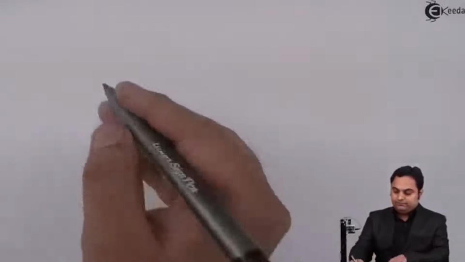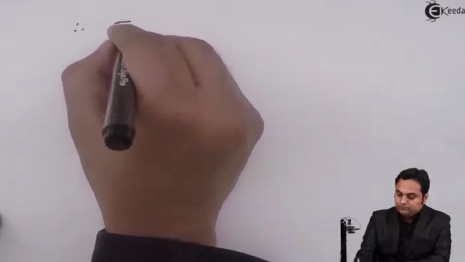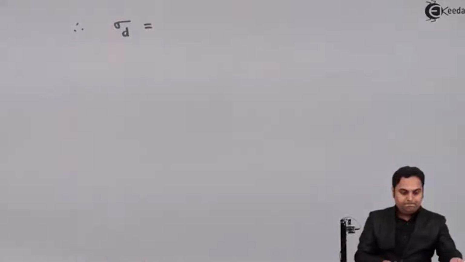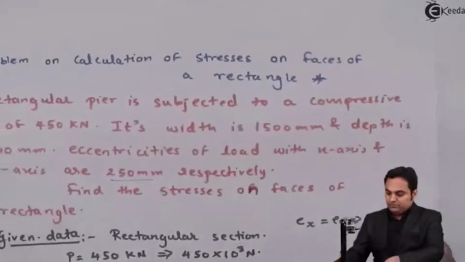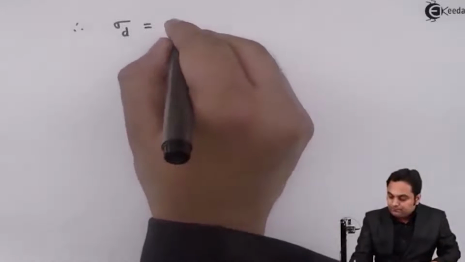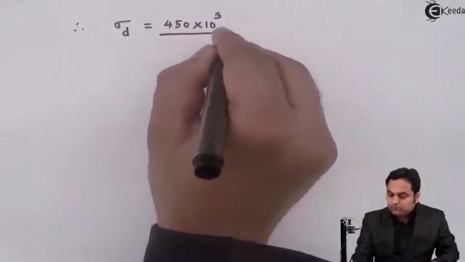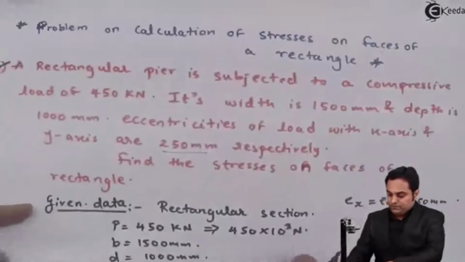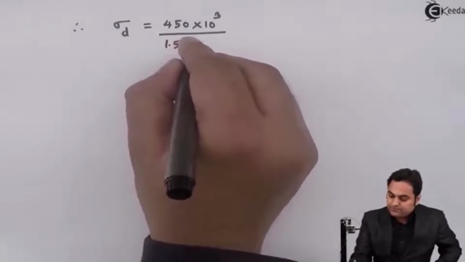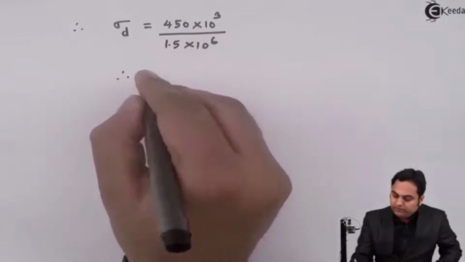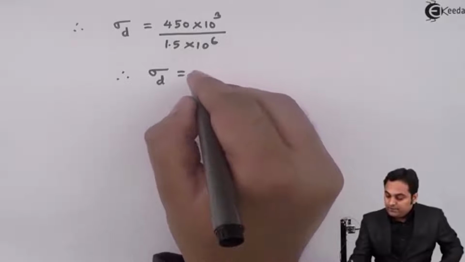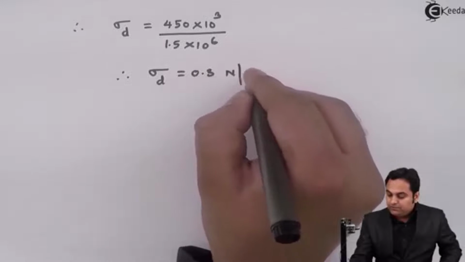So therefore direct stress will be, load is given in the problem, it is 450 into 10 raised to 3 divided by area, we have found out 1.5 into 10 raised to 6. So hence the answer of direct stress comes out to be 0.3 Newton per mm square.